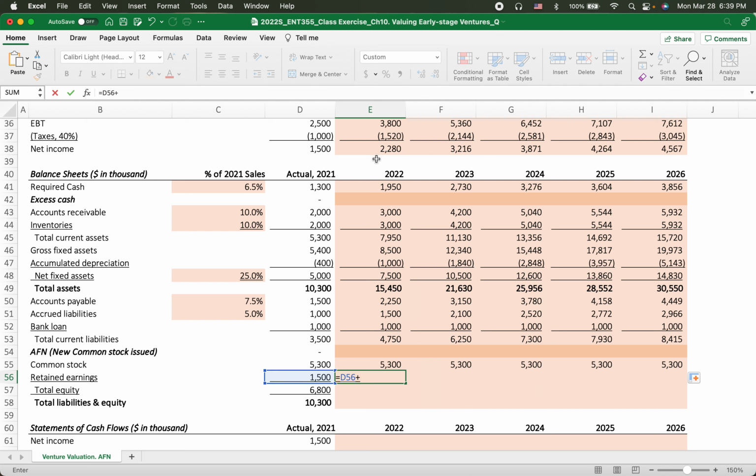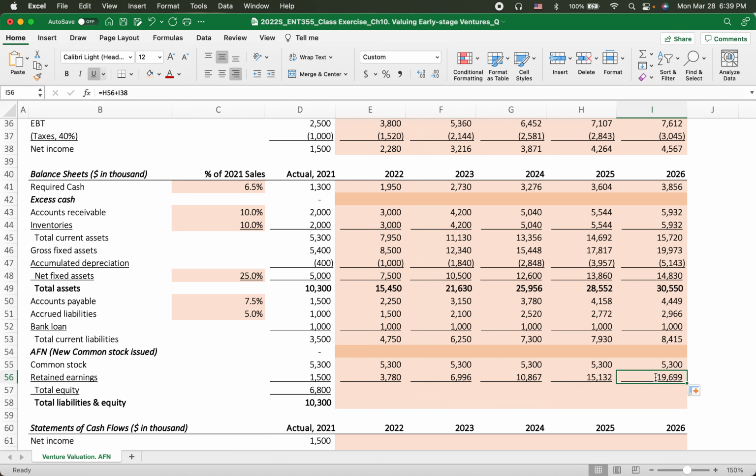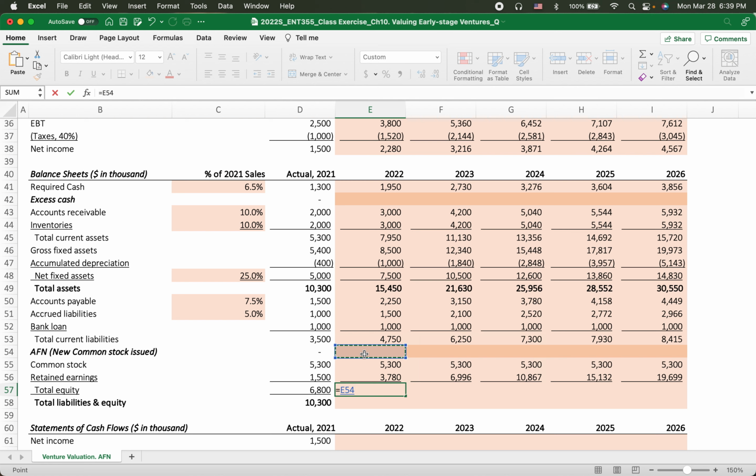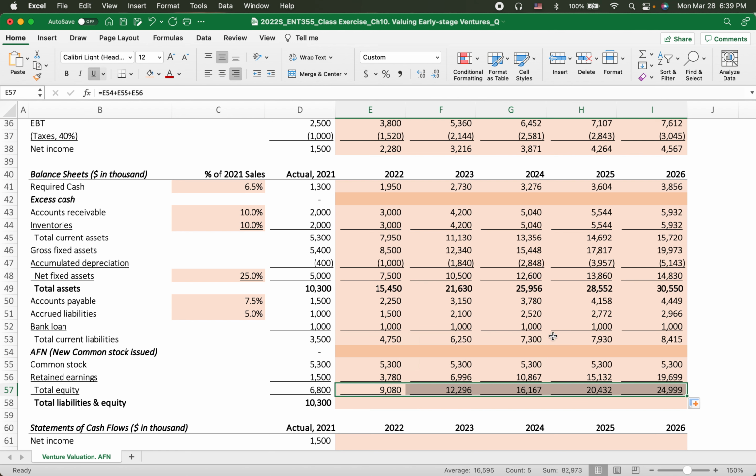We must add the net income so that this retained earning increases every period, right? So the total equity is the sum of, based on the assumption that the new capital will be new common stock issued, and the common stock not changing, and then retained earning increased by the net income of that year.